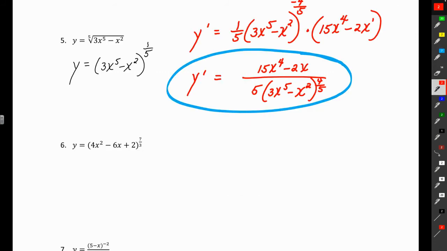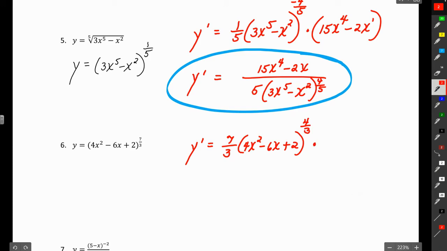Number 6. 7/3 times 1, that gives me 7/3. 7/3 minus 1, that's 7 over 3 minus 3 over 3, that gives me 4 over 3. And now we'll multiply by the derivative of the inside. 2 times 4 is 8, 2 minus 1 is 1. 1 times negative 6 is negative 6.